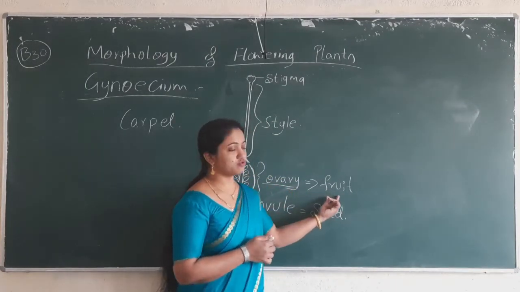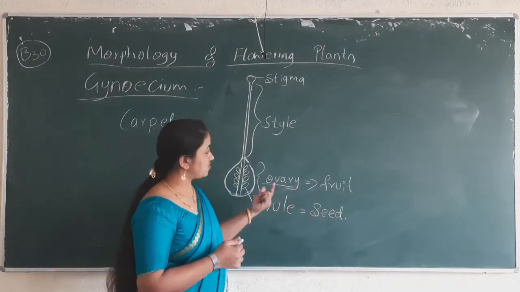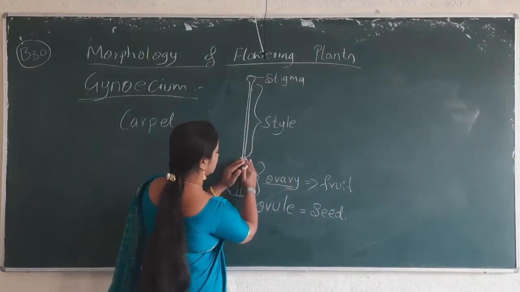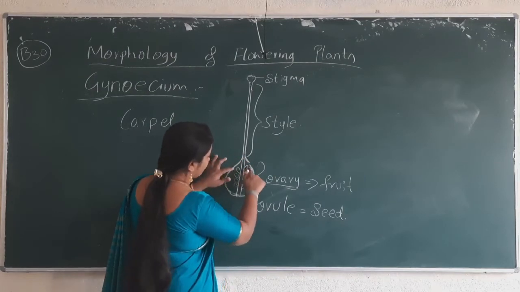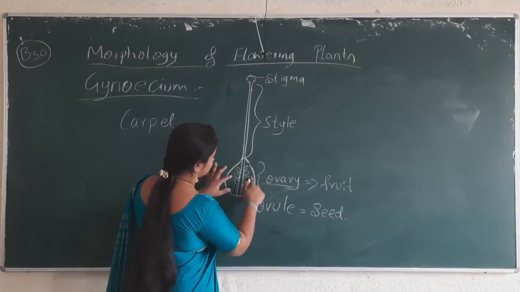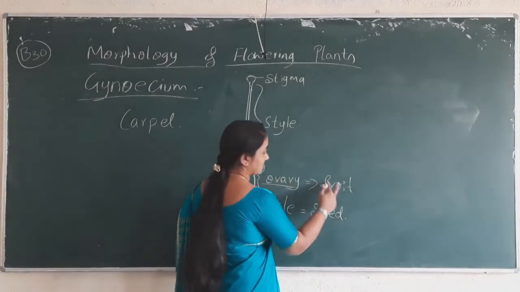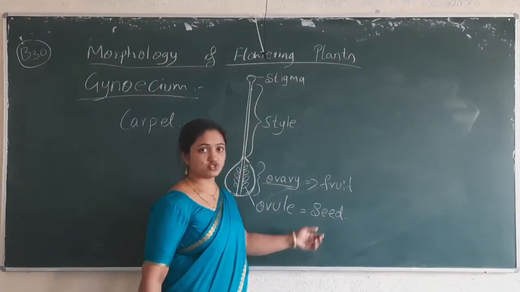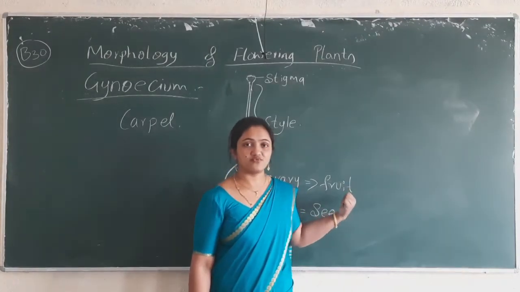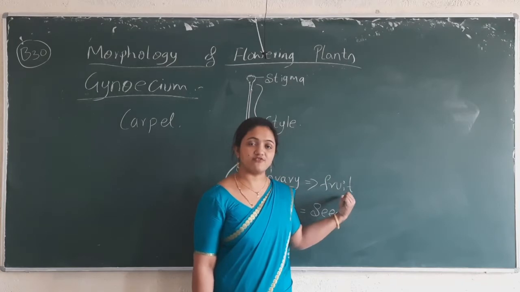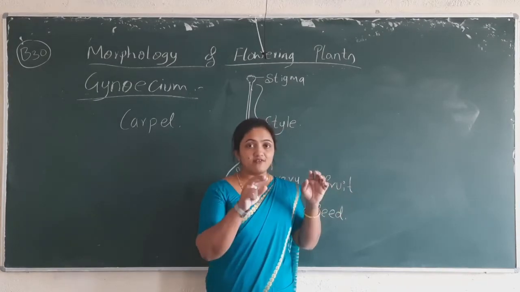How does the fruit arise, how does the fruit develop? From the ovary. So this is the ovary, the wall, and all these regions further develop into fruit. Usually in different types of fruit we have the seed, or in some fruits we have the fleshy part.